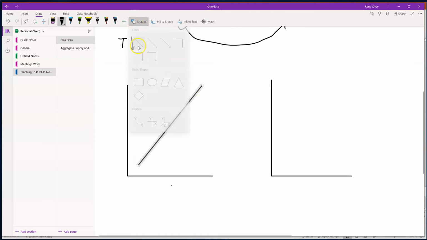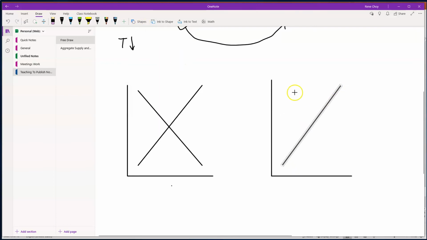All right, so let me set up my model here. Okay, let me label my axis.